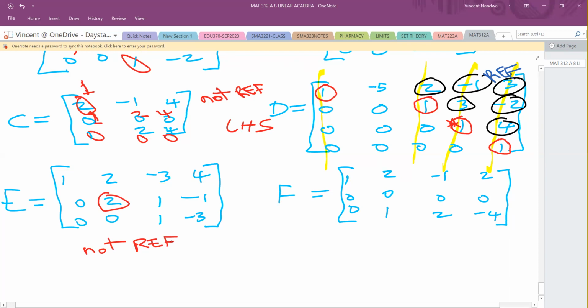Is it in reduced row echelon form? It cannot be, because for you to arrive at reduced row echelon form, you must have passed through the step of row echelon form. So if you say it is not in row echelon form, then you cannot say it is in reduced row echelon form.